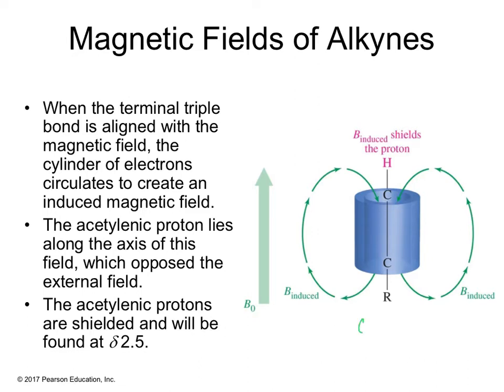Alkynes, they also have pi bonds, so they generate a field above and below the pi bonds, and that's why you can see that all the way at 2.5, even though carbon is not bromine, right? Or oxygen. It's not very electronegative, but that hydrogen will experience its own deshielding.